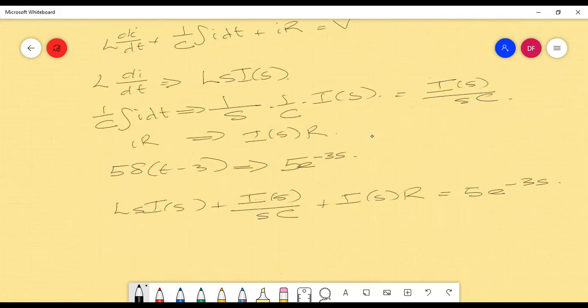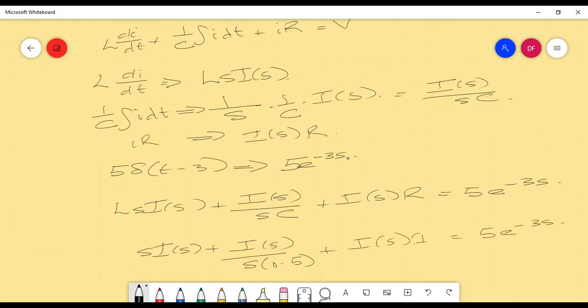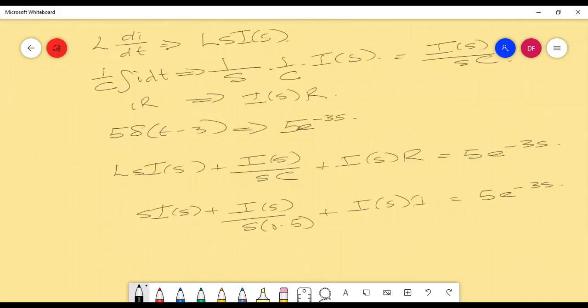So this is going to give me s I(s) plus I(s) over s times 0.5 plus I(s) times 1 is equal to 5 e to the minus 3s. So I take out the I(s), we're going to get s plus 1 divided by 0.5, which is 2.